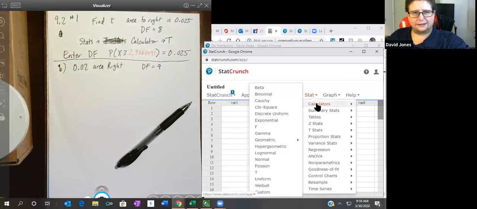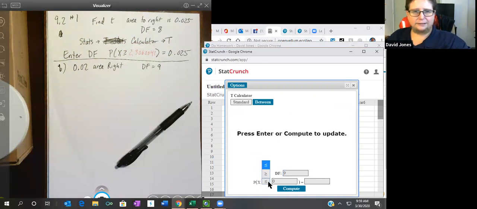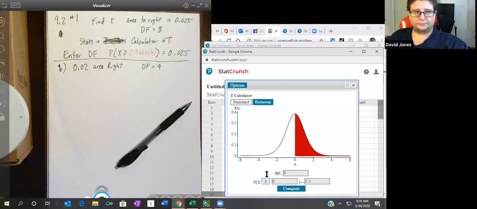Stats, calculator, t. I'm going to set my degrees of freedom to what they're specified. I'm going to do greater than. I'm going to set that to 0.02.